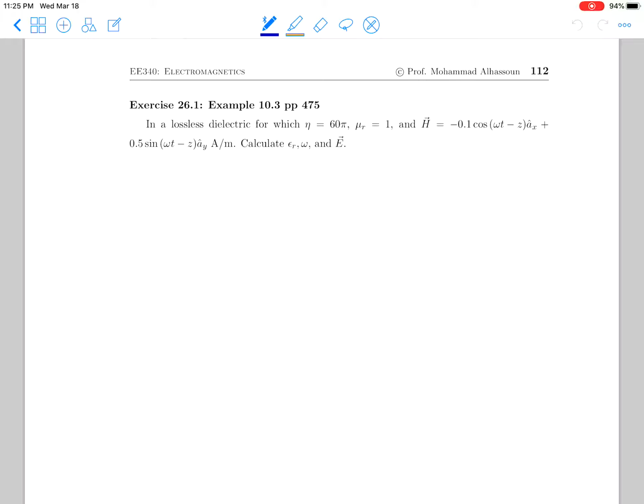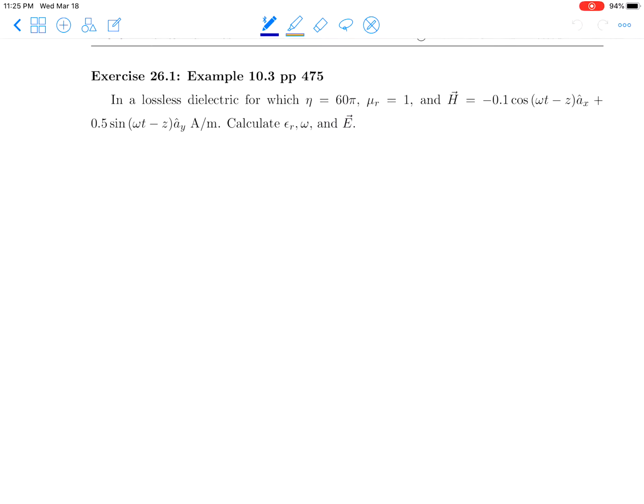In the previous video, we introduced the concept of wave propagation in lossless media, in free space, and in a good conductor. In this video, we'll solve two examples, and let's get started.